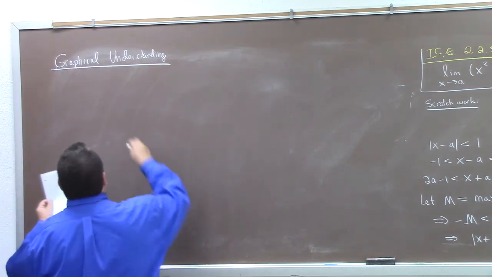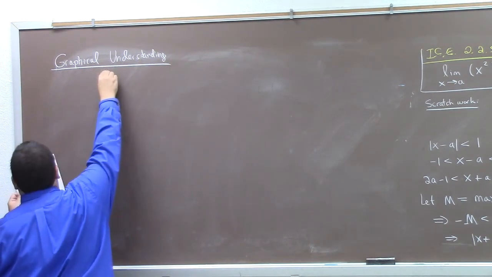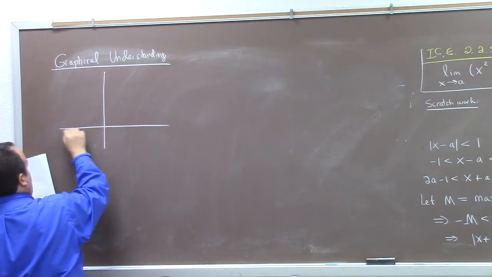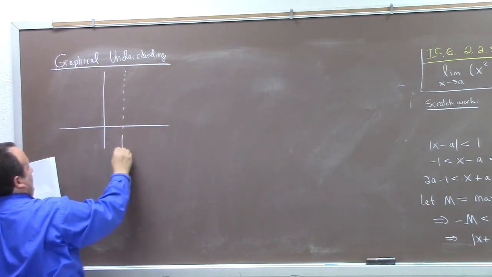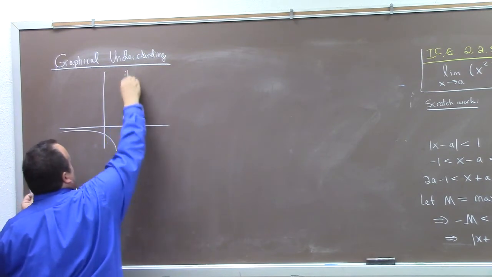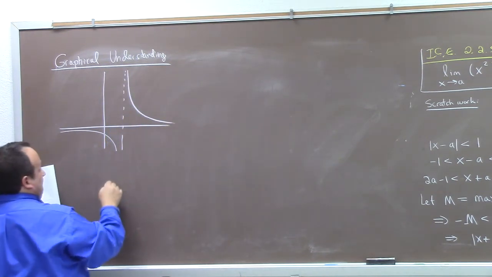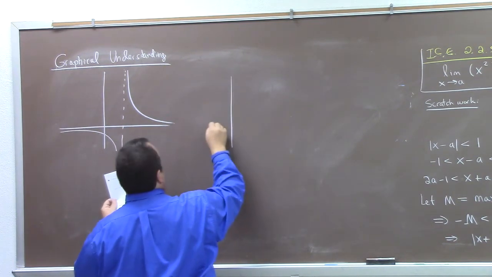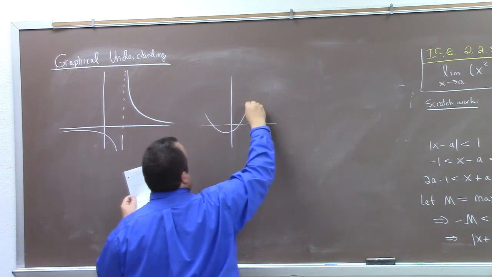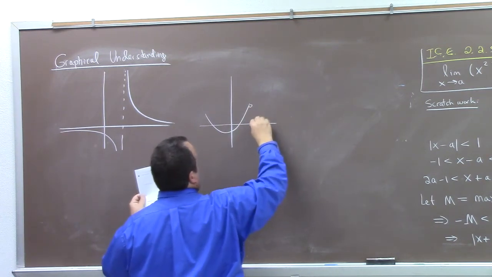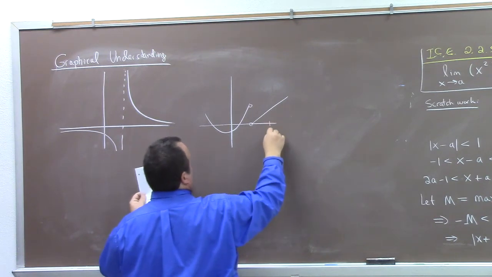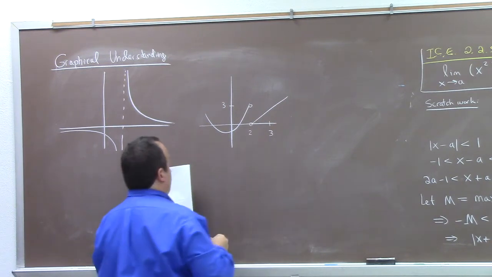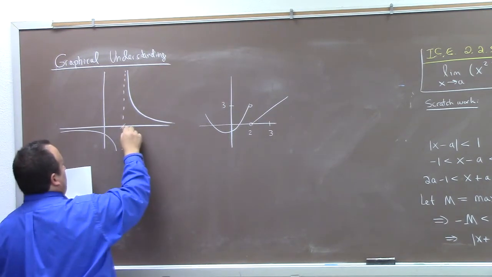So let's see here. So here's one. I'm just going to tell you what we write in this one. This is at 2.